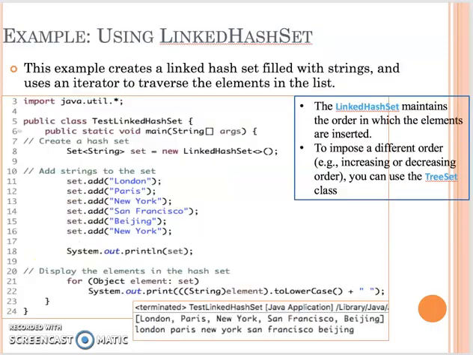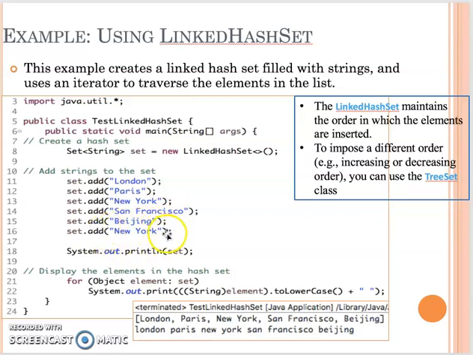Okay, so here is our linked hash set example. We do exactly the same as earlier. The only difference is that when we create the set, instead of the hash set constructor, we call the default linked hash set constructor. We still add six times for different cities, and New York is actually repeated. But when we print again, you will see they follow the insertion order: London, Paris, New York, San Francisco, Beijing.